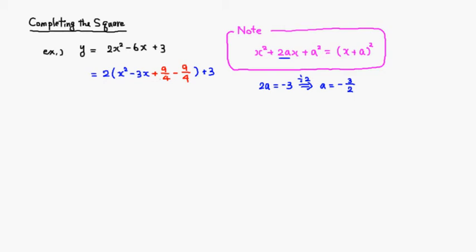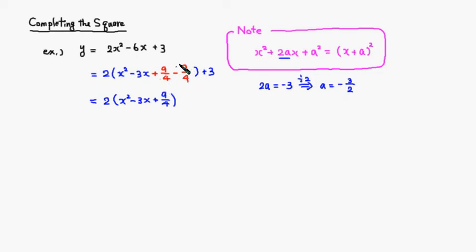Then what we do is group these first three terms together and get the leftover term outside of the parentheses. So you have 2 here, and you have x squared minus 3x plus 9 over 4. That takes care of these three terms.